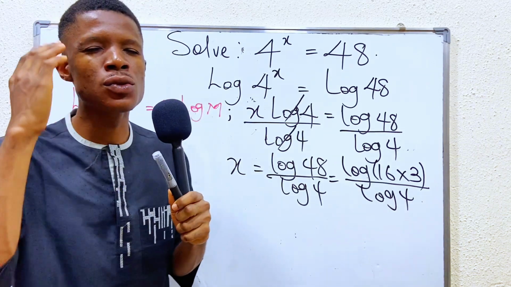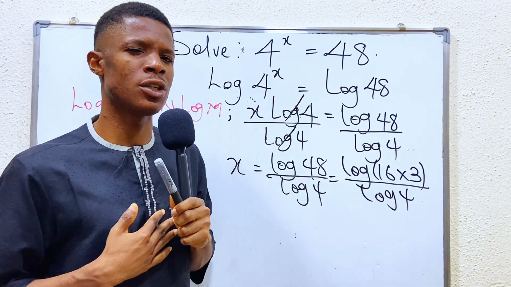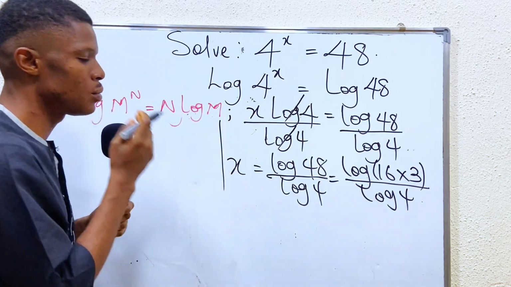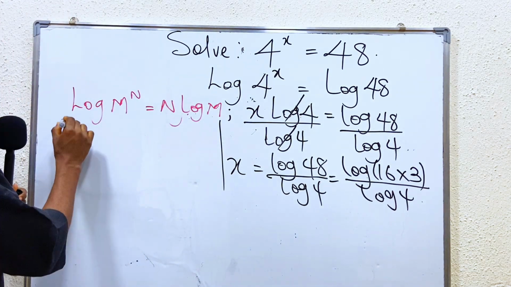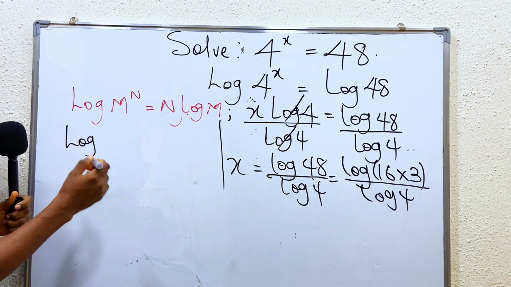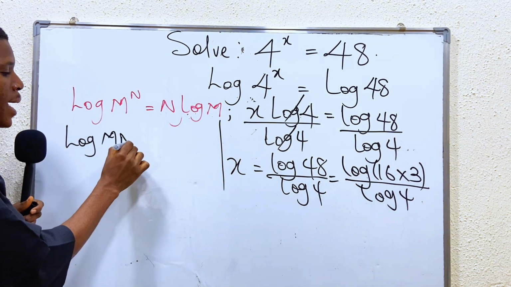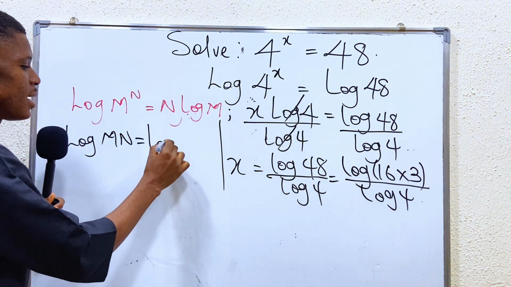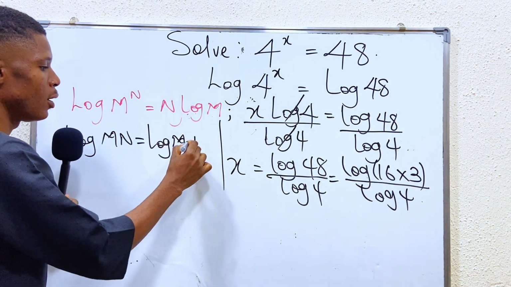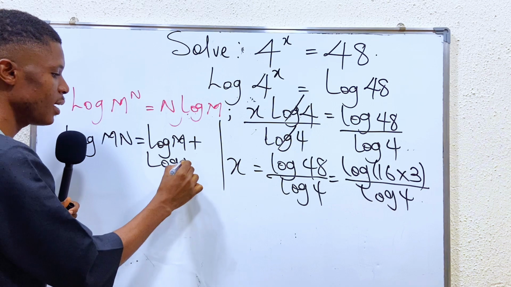All you have to do is to think about some laws of logarithm. Since everything we are doing here involves logarithm, you know that when we have log of the same base, when two numbers multiply, like m times n, it is the same thing as log m plus log n.